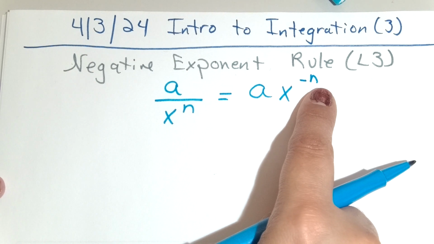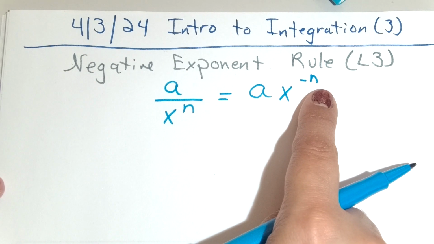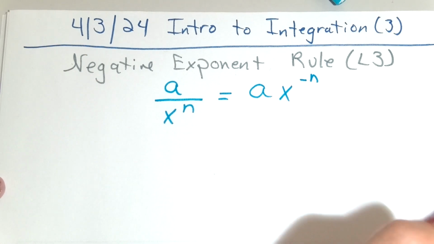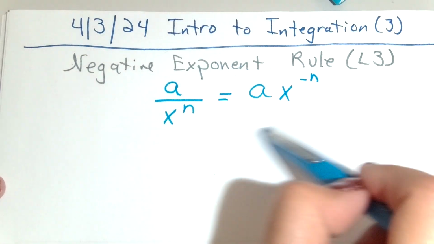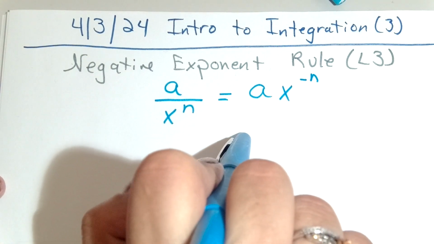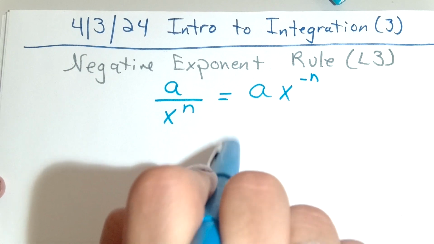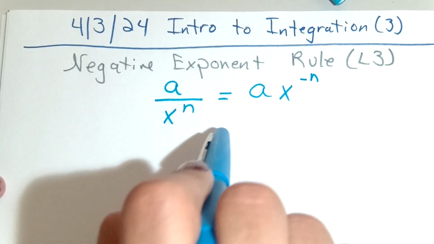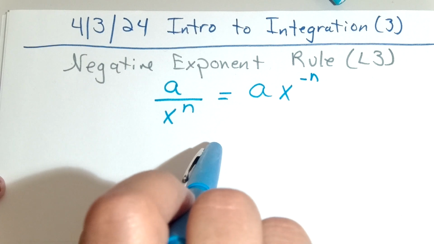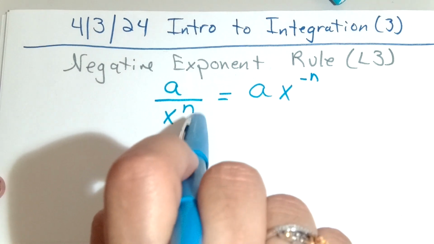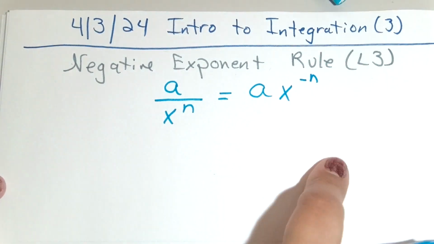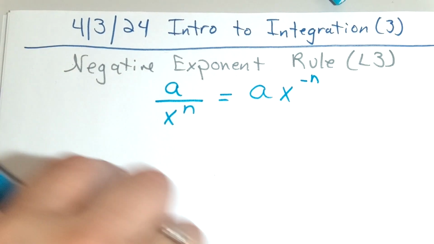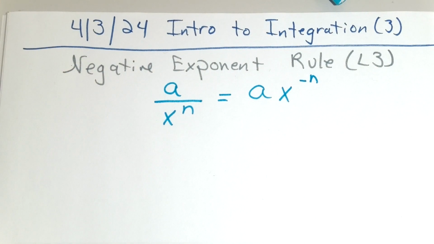This goes back to what we did in probably November with the derivatives. So we're extending this negative exponent rule to the integration for power, the power rule for integration, because we cannot take the integral where there is an exponent in the denominator. So we're going to go back and forth between these, but this is just a reminder of your rules from November.